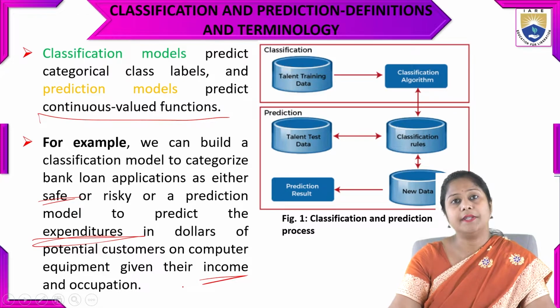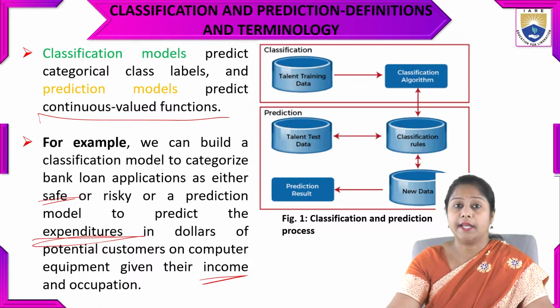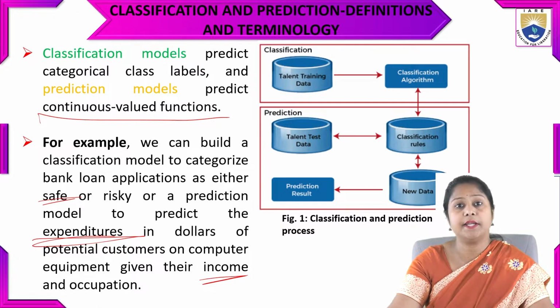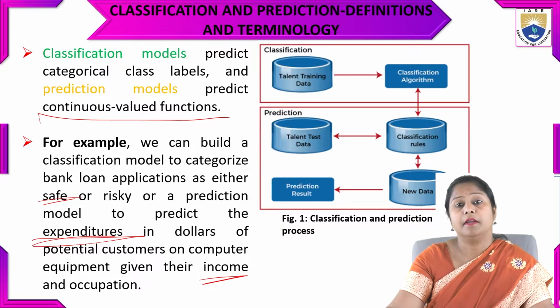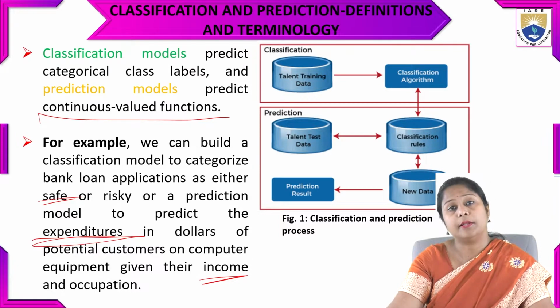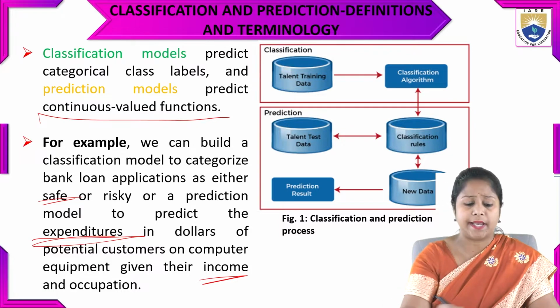On that basis, he has to check whether the customer is able to pay the amount calculated for the monthly loan, for the number of years the loan is taken.